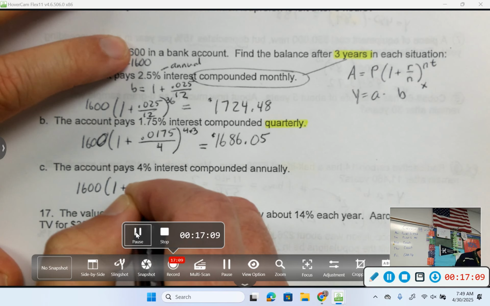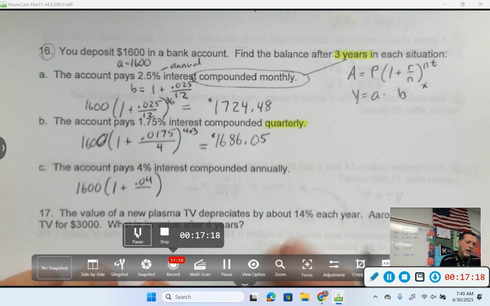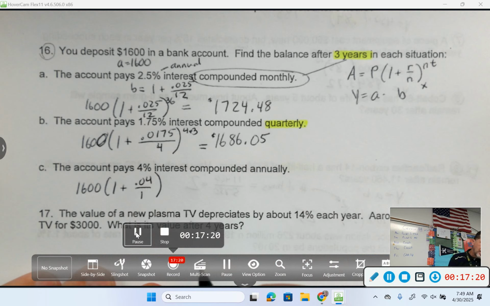1 plus 0.04. Well, I guess if we want to fit our pattern here, what should we divide by? 1, because we're compounding once a year for 3 years.